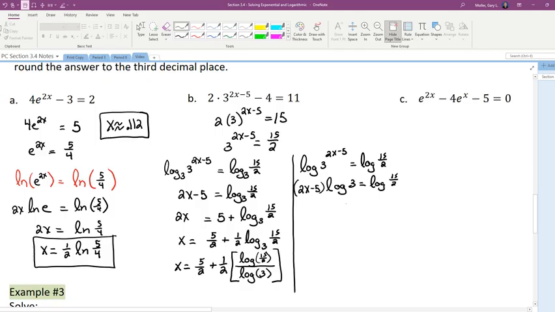Notice in this case, we didn't use log base 3, so the log piece did not cancel out. It's still there. So what would be my next step? I would divide by the log of 3. So I get log of 15/2 divided by log of 3. I would add 5 to both sides.